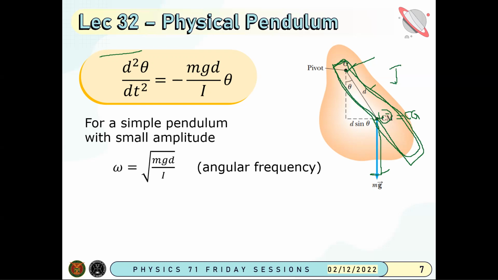Now, applying small amplitudes, we get these equations. So, ang form naman ng angular frequency is square root of mgd over I. So, ito na lang yung angular frequency. Okay. And then frequency f is 1 over 2 pi times omega.